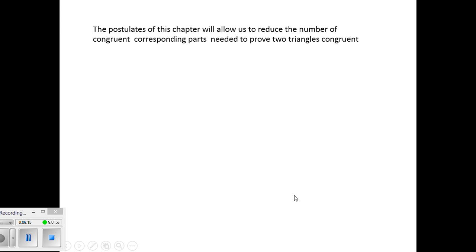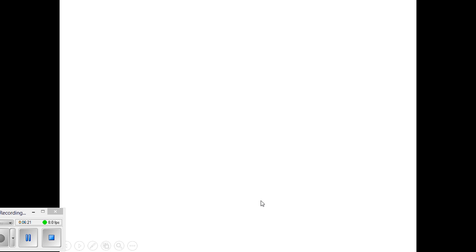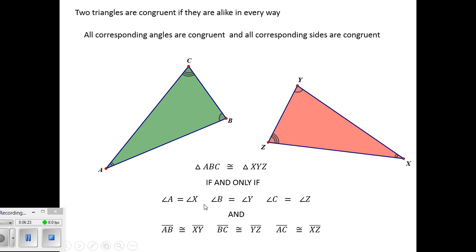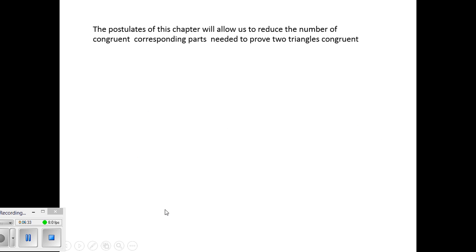We will find that in this chapter there will be postulates which will not require us to show that all 6 parts of one triangle are congruent to the corresponding 6 parts of another. We'll reduce that to 3 parts in various combinations, with a couple of different proofs and theorems.